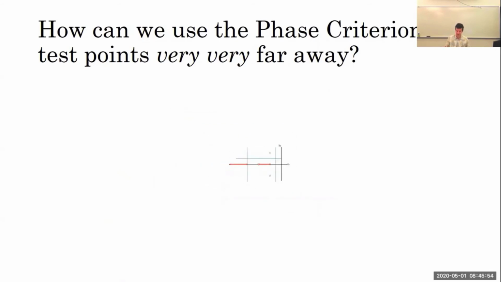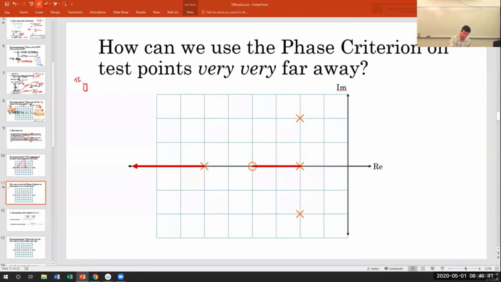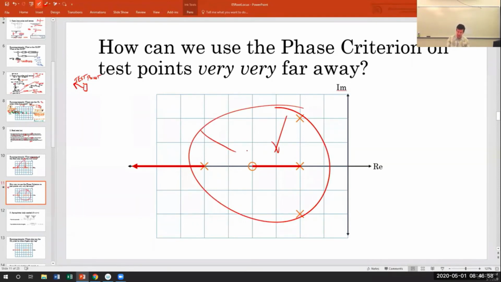Hey, look at that. That's pretty cool. If I want a test point very far away, so way out here, I would like you to see that as this test point moves further and further away, all of the stuff happening here appears to shrink.